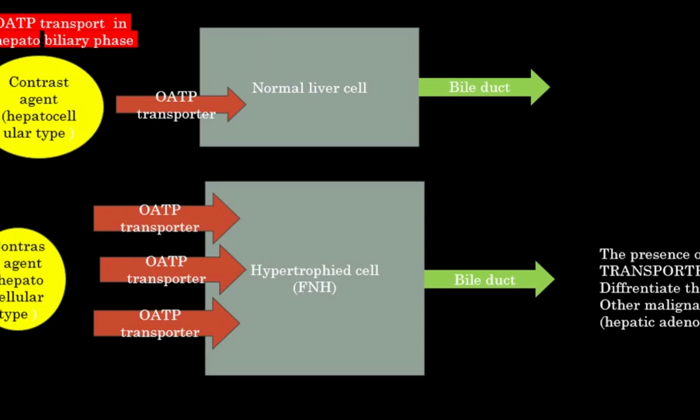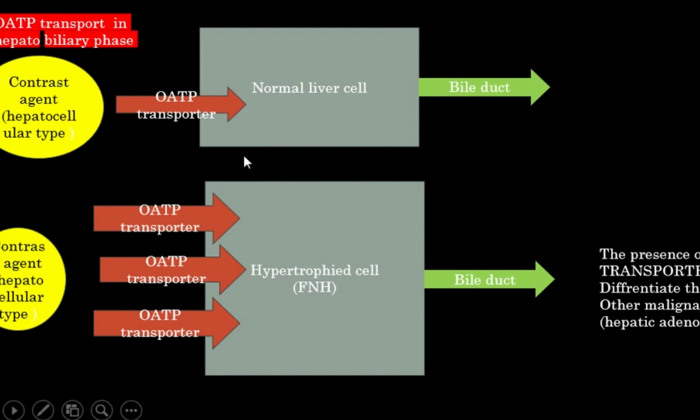Also, another basic thing you have to understand about the lesion, why it appears in certain ways, is the OATP transporter and its role. Again, let's assume that this is a normal liver cell. This is the OATP transporter on the surface of the cell. When a hepatocyte-specific contrast agent is given, it will be transported into the cell by this OATP transporter and then excreted through the bile duct.